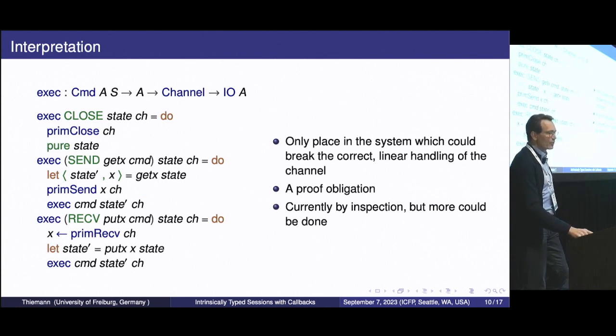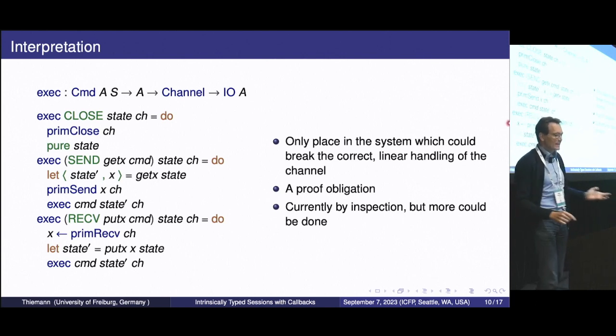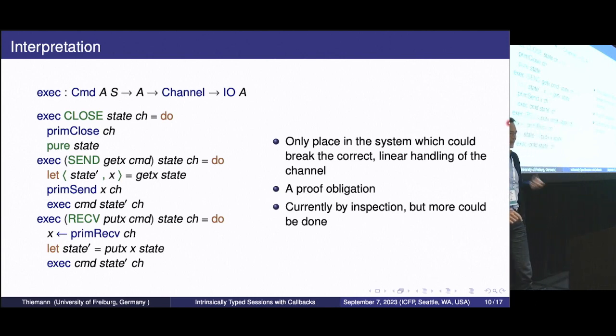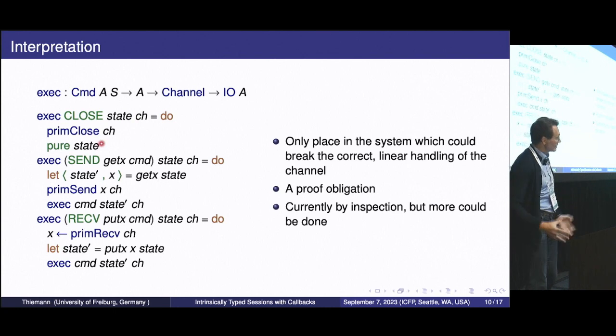But there is some proof obligation behind that, because that's the only place in the whole system. If you build your code on top of that, that would be your library, and I would say it's some sort of trusted computing base, and that's the only place in the system where you could break the correct linear handling of a channel. Because here you have this channel as an argument, and here you have to ensure that this channel is really handled linearly and nobody messes around with it, and that the commands are interpreted faithfully.